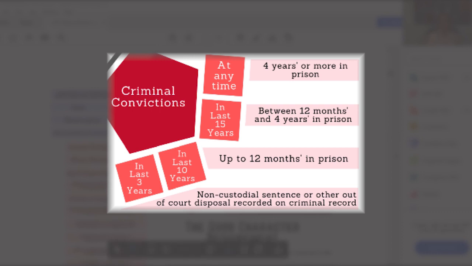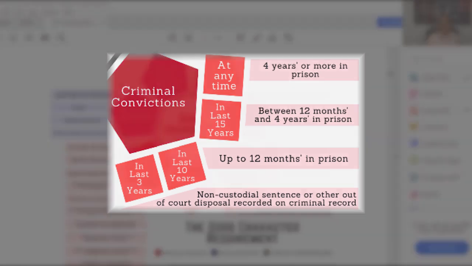And then if you have any other sentences like a suspended sentence or a fine, you have to wait 3 years in order to be considered to have good character. So this is quite important. If you have criminal records, then you need to really time it correctly. Otherwise, you'd be wasting your money.